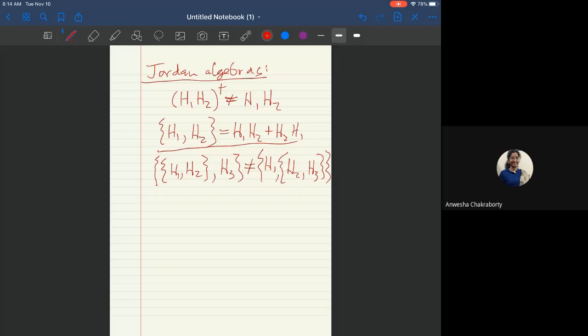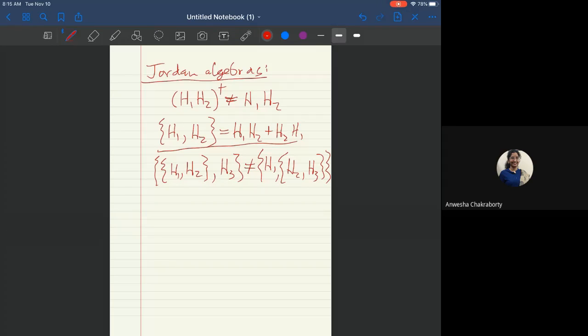But it instead satisfies a different condition, which is analogous to the Jacobi identity as a replacement for associativity. And anyway, this is not the place to get into the details, but Jordan characterized axiomatically what properties an algebra like this should have in order for the basic structure of quantum mechanics to make sense, where you need to have observables.